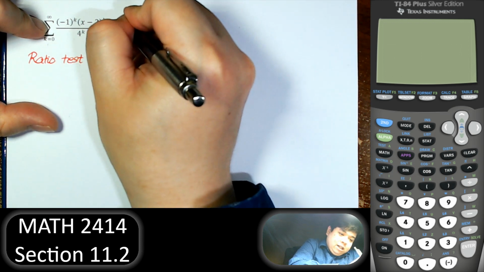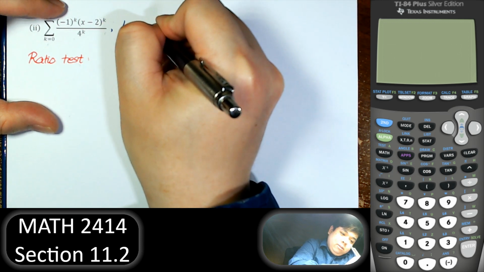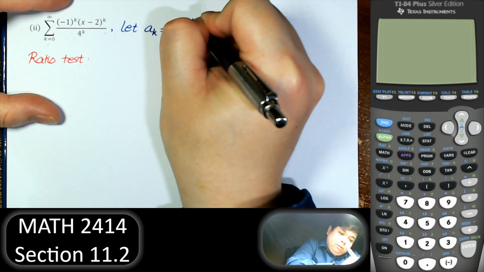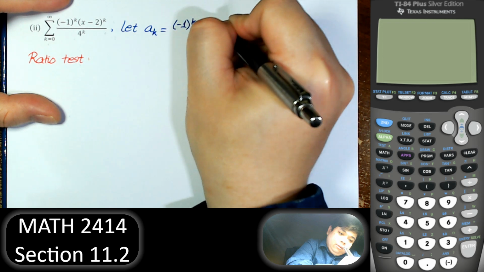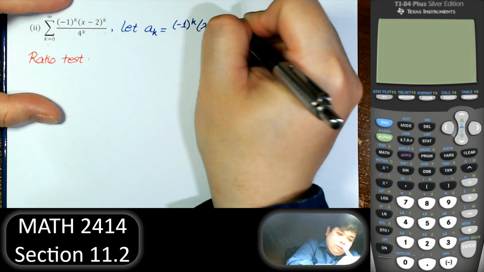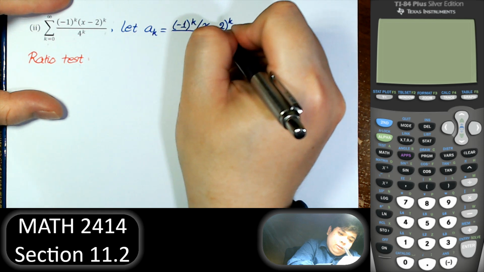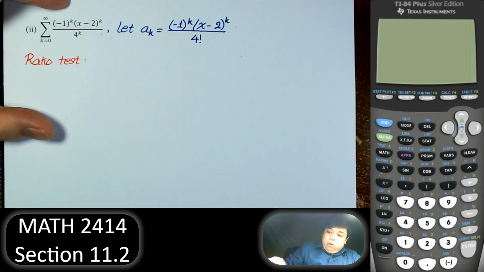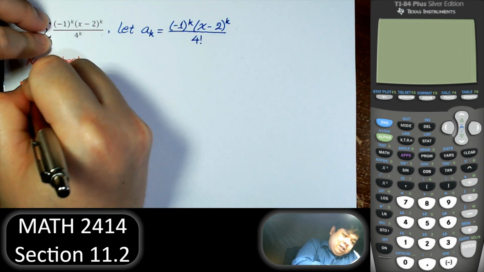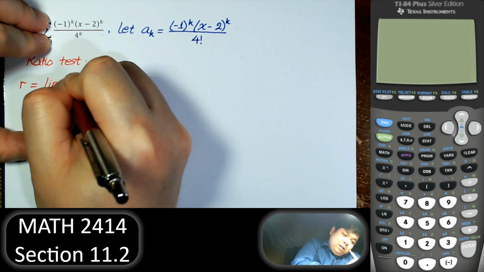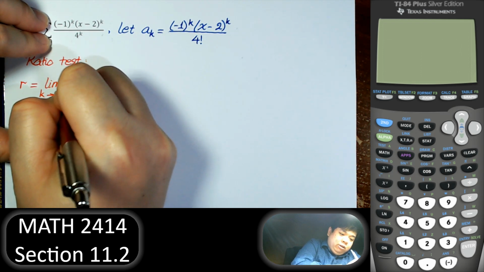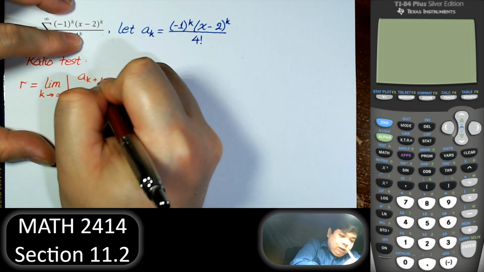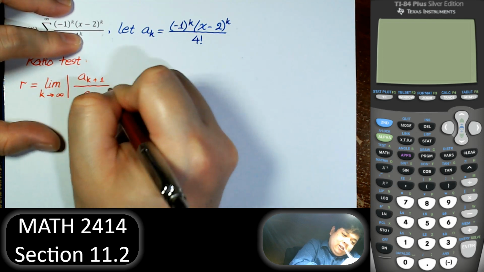So let a sub k be that term. The ratio test: R equals the limit as k goes to infinity of the absolute value of a sub k plus 1 over a sub k.